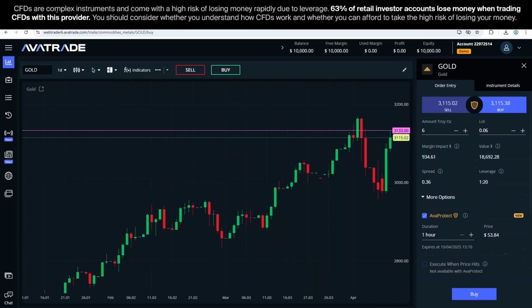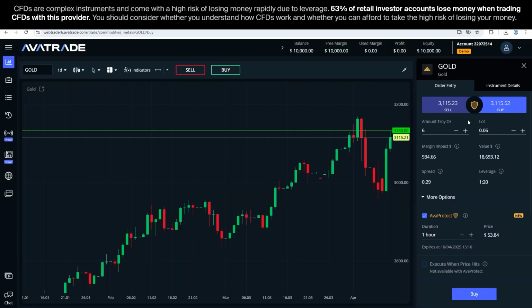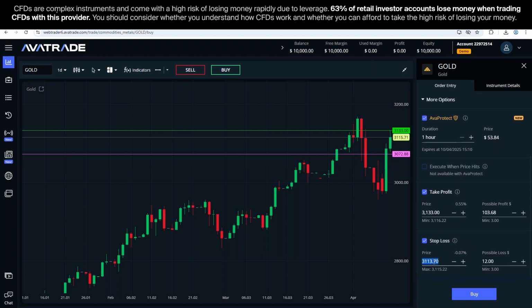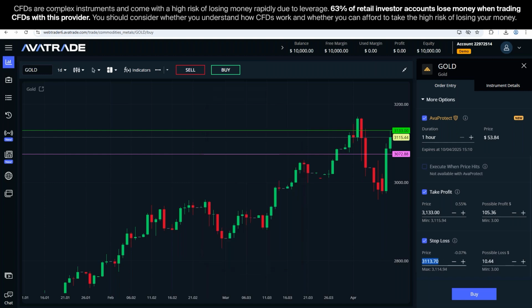Since we are with a buy, our take profit needs to be at a higher value. When we buy, our intention is that the value will increase. And then we'll have a stop loss with the same ratio. So we will now subtract 20 from the current price, which brings us to 3,093. So we'll make it like this.